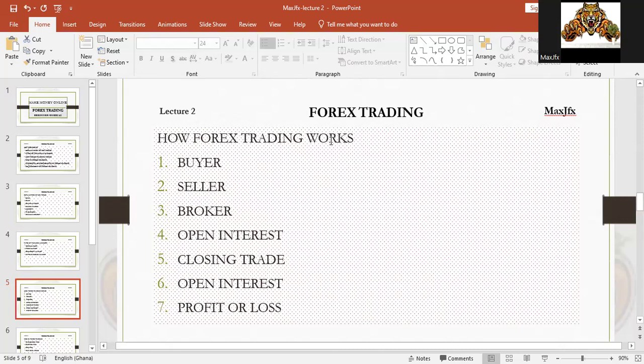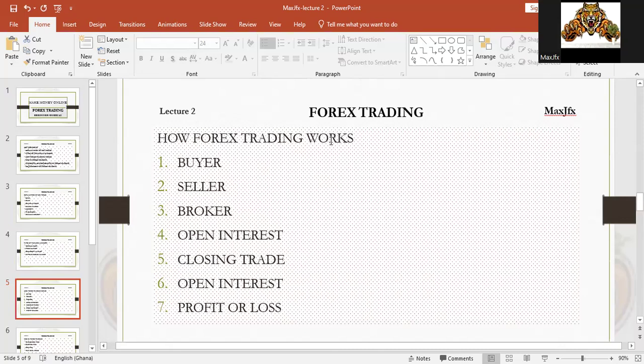So let's say I bought the five tomatoes for $5, and now I want to sell them for, let's say, $10, so I'll make a $5 profit.